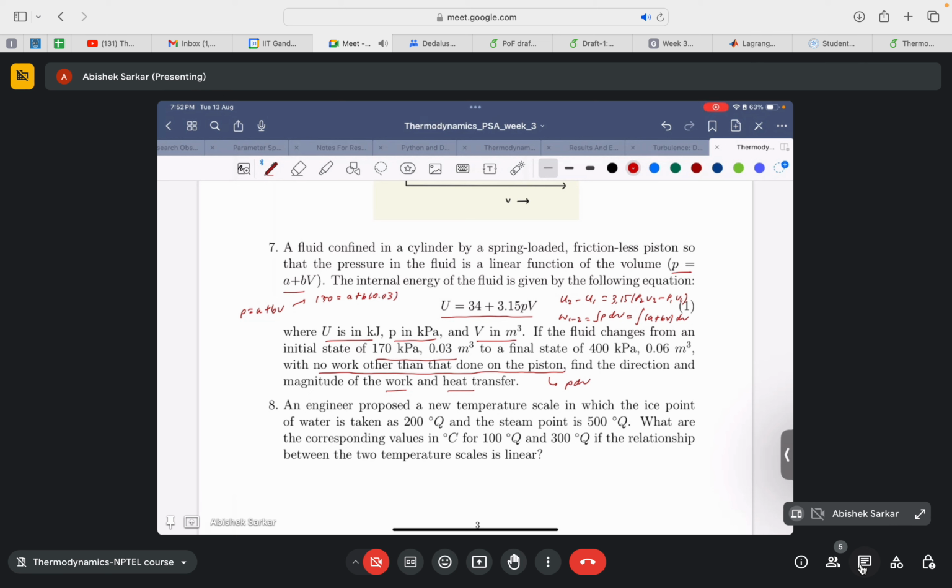Similarly, the final state is 400 kilopascal is equal to a plus b into 0.06. You can solve these two equations to get the value of a and b, then evaluate the integral to find w1 to 2. Then since you have w1 to 2 and u2 minus u1, find the value of q, okay. Pretty simple steps, but you need to know what to do one after another, okay.